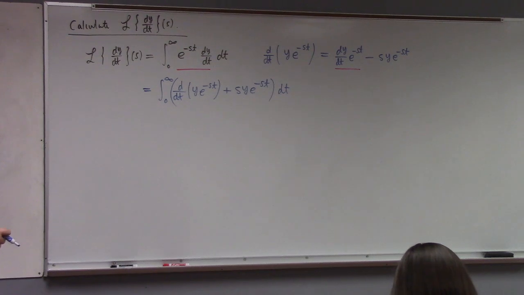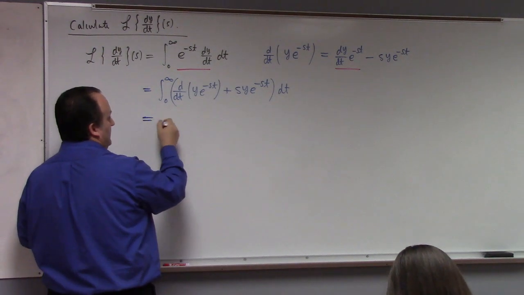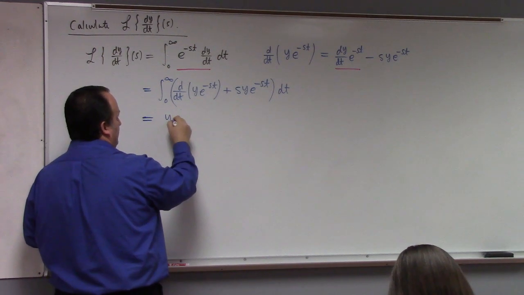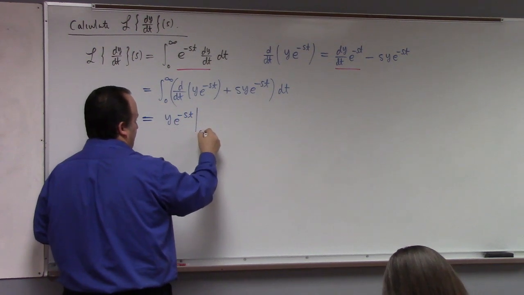Right? What happens when we integrate a total derivative? This piece here, what do we get? We get y e to the minus st, and we're going to evaluate from 0 to infinity.